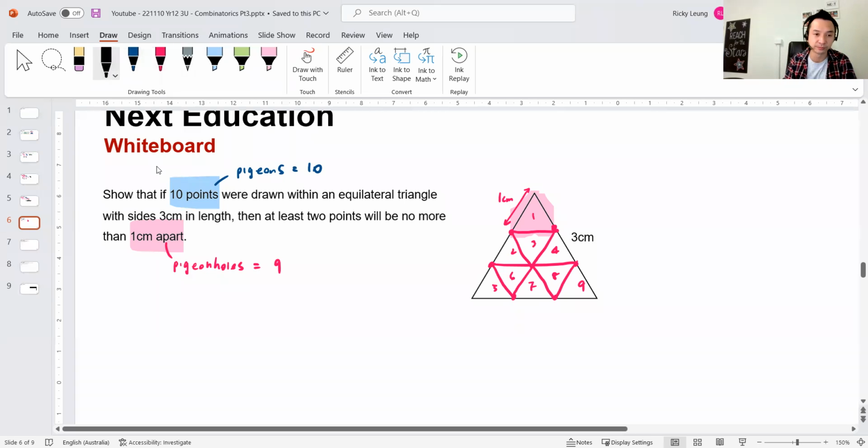So therefore, by Pigeonhole Principle, at least, maybe the best way also, 9 equilateral triangles. I think your teacher will want to say that.